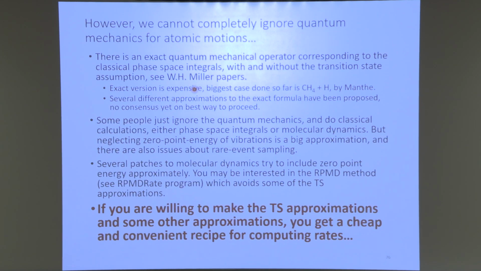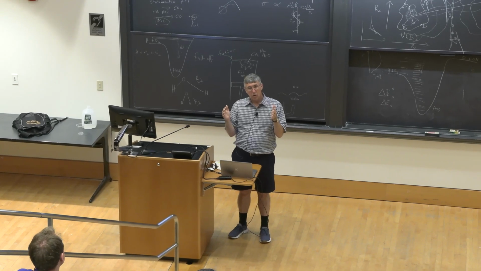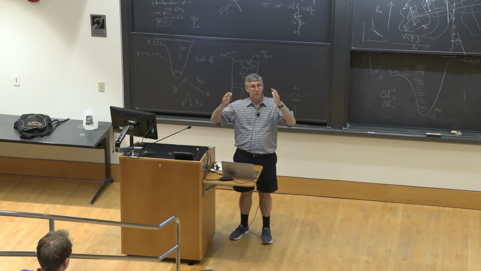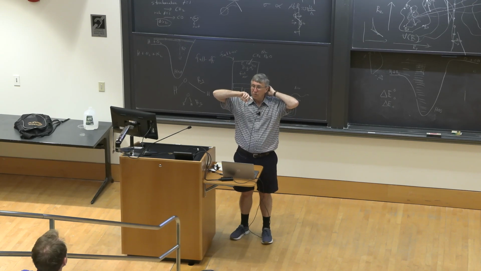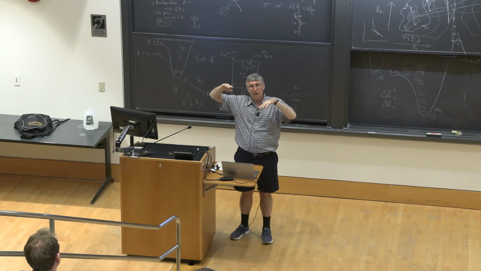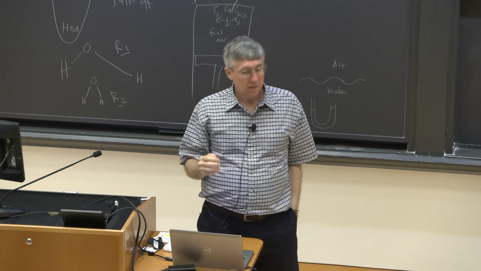And Bill Miller wrote a series of papers that wrote the exact flux operator quantum mechanically, and then showed how you could do the exact calculation. The interesting thing about it is that you get almost the same story as transition state theory. Almost everything goes the same. What you just see is a little tiny rounding off, because the quantum mechanics smooths out some of the sharp edges you would get from classical mechanics.